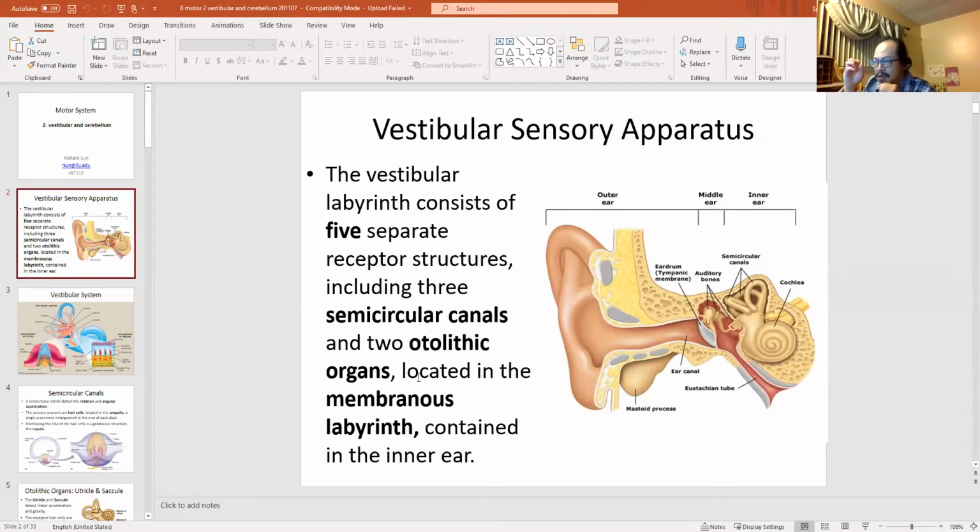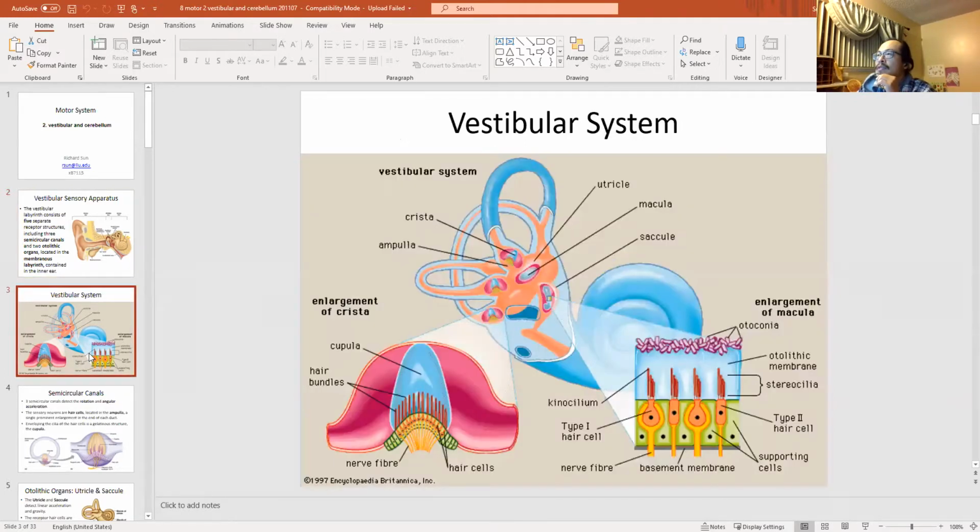These little organs are located inside of this membranous labyrinth. What's special about this membranous labyrinth is that it's filled with this special fluid called the endolymph.